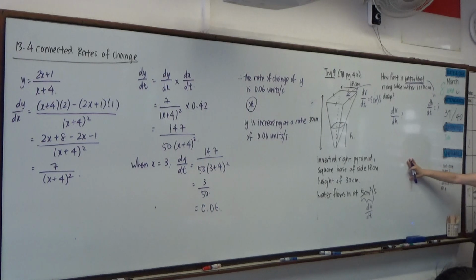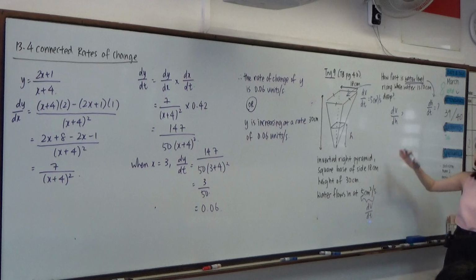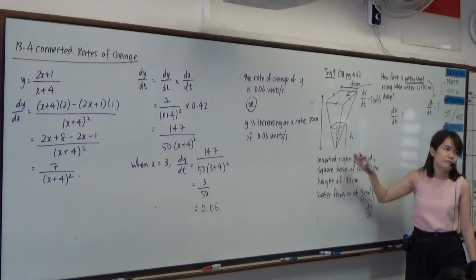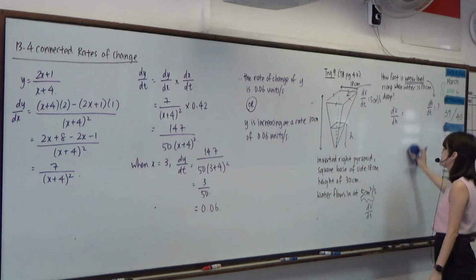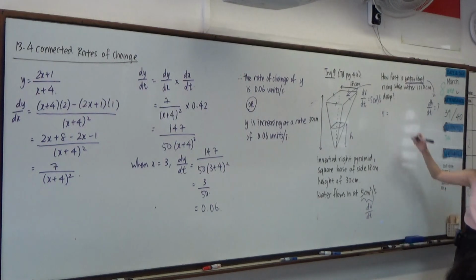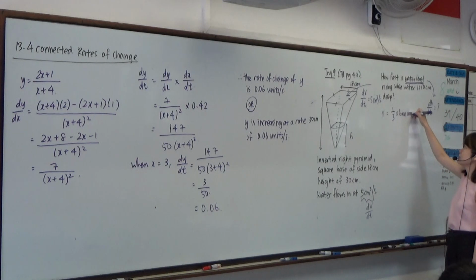But how do we create the dV over dh when this question has no mention about volume in terms of h at all? In fact, this is a right pyramid. We have already learned in Sec 2 how to find the volume of a pyramid itself. So volume of a pyramid, if you recall, will be 1/3 times base area times height.